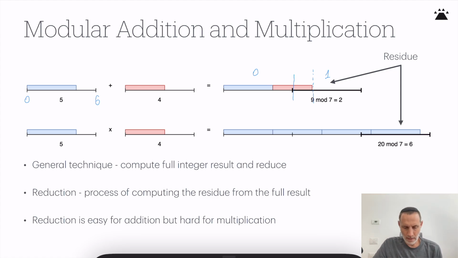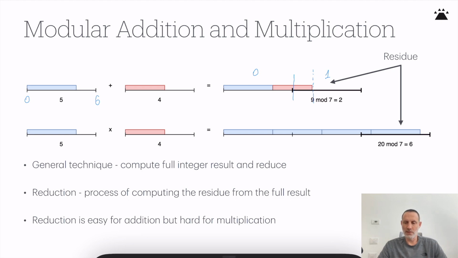Now, that's quite simple, but when we go to multiplication, as you can see in this example of 5 times 4, we actually start accumulating many of these regions, and we land in a region that is very far away.